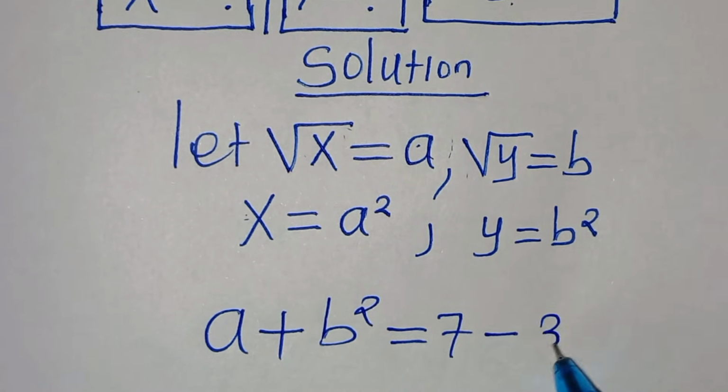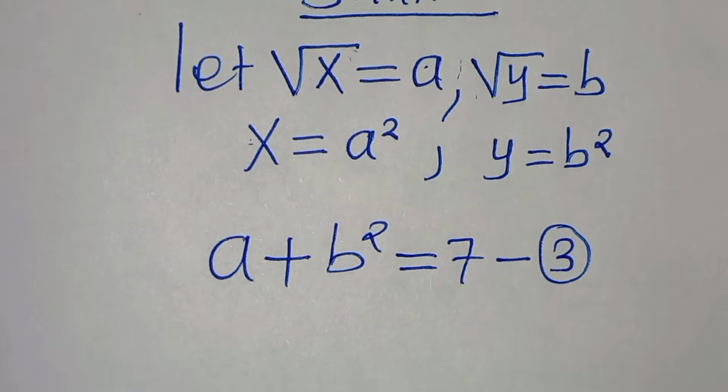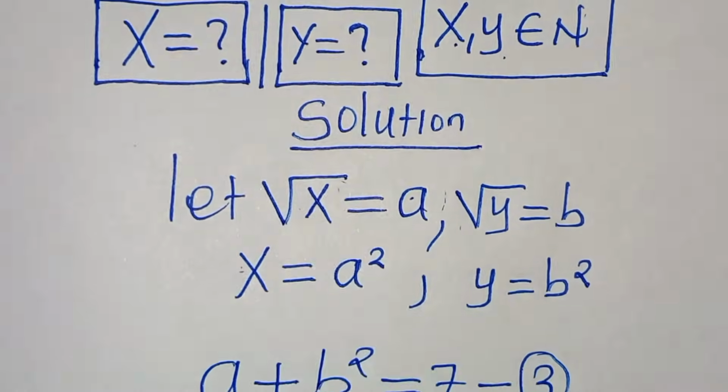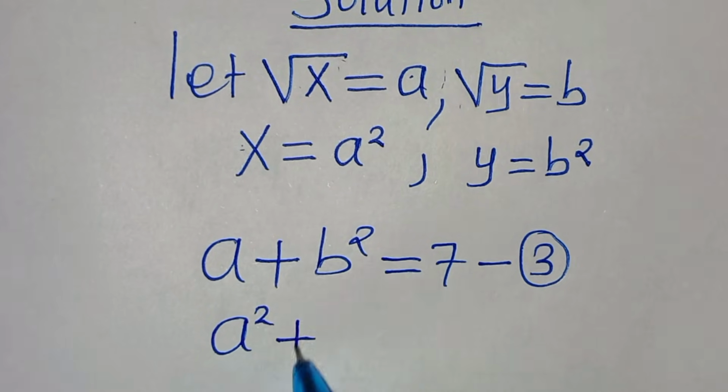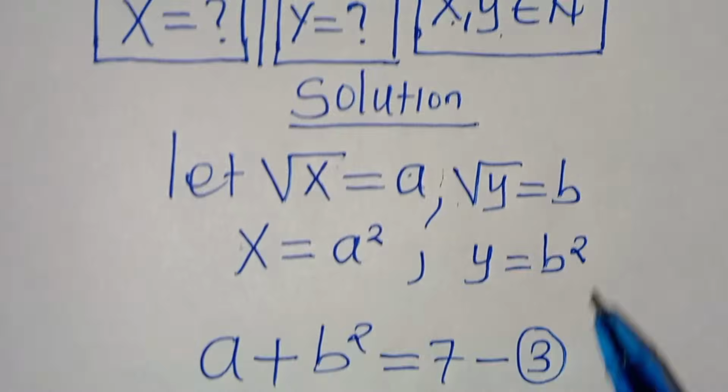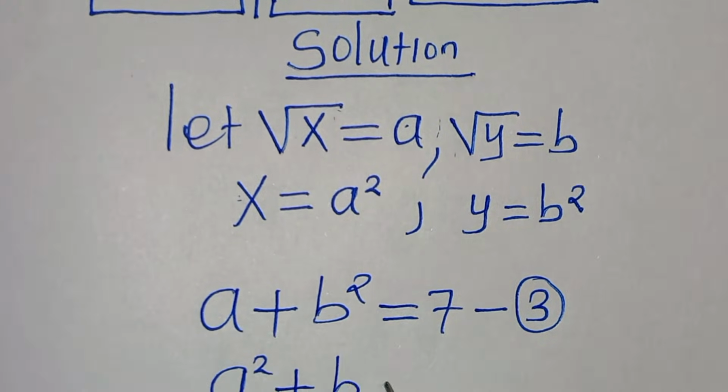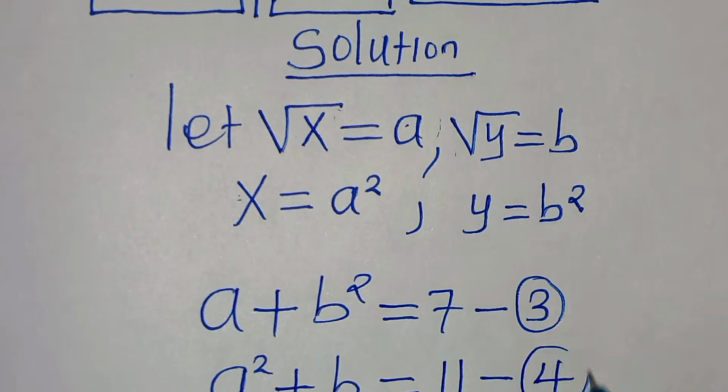Let's call this equation 3. And we have that x is the same thing as a to the power of 2 plus square root of y, which is equal to b, so plus b, this is equal to 11. Let's call this equation 4.